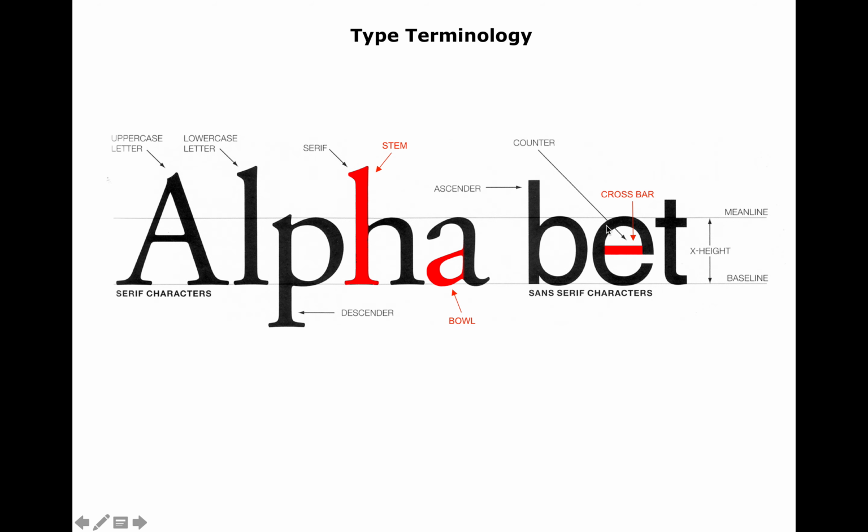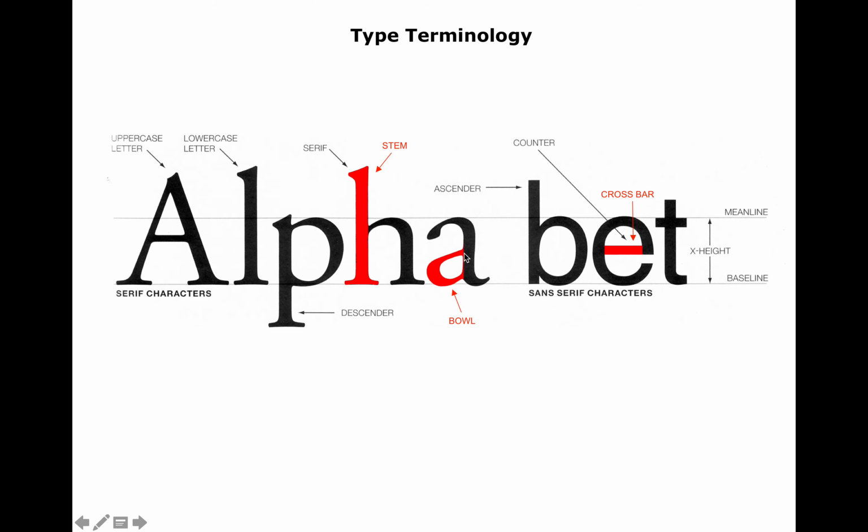The mean line is the invisible line where the lowercase letters go. The bar of the letter is called the stem, and this part of the stem that goes below the baseline is called a descender, and the part of the stem that goes above the mean line is called an ascender.